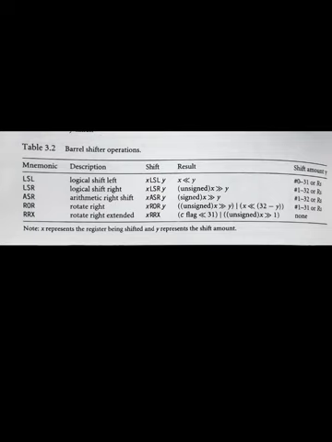The 5 different operations you can use within the barrel shifter are summarized in the table. In the figure, the logical shift left by 1. For example, the contents of bit 0 are shifted to bit 1.